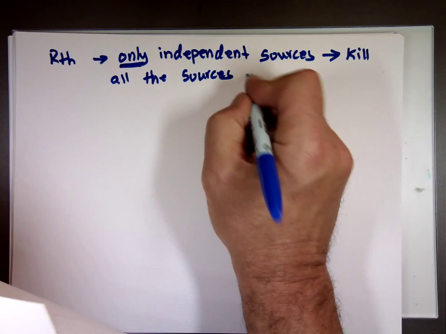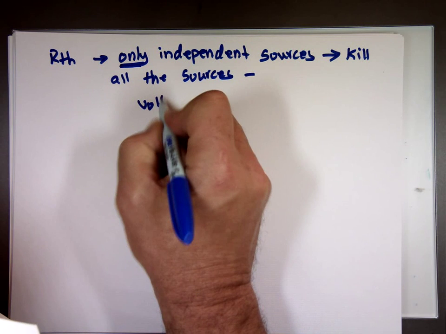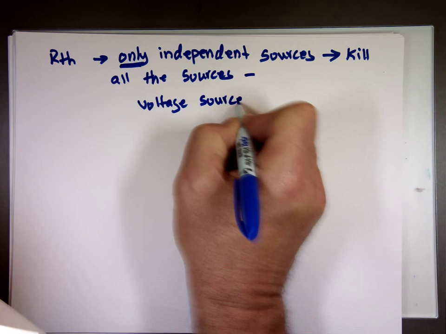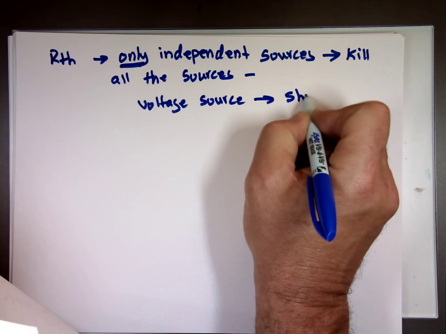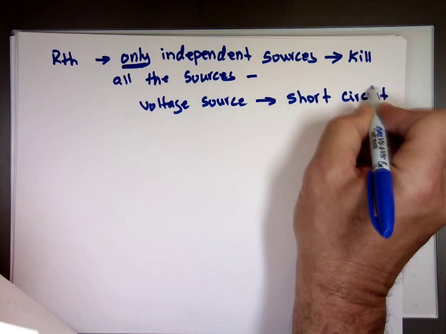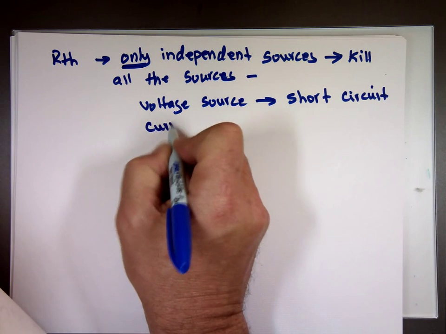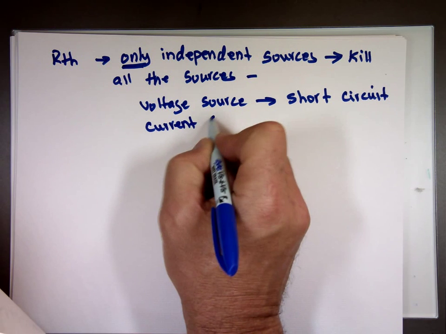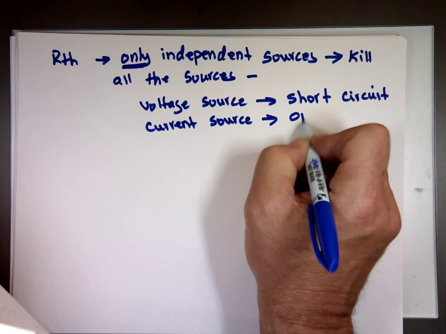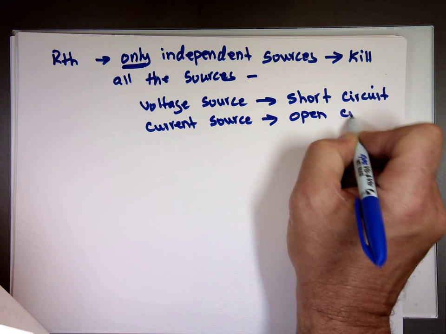How do you kill them? Voltage source becomes what? Short circuit. Current source becomes what? Becomes open circuit.